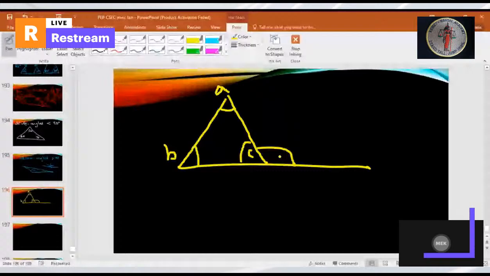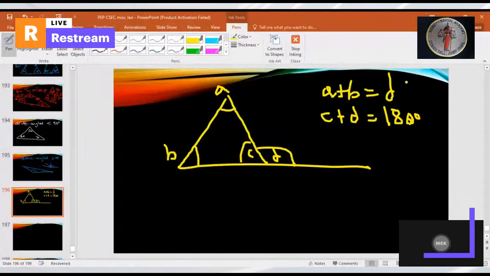So once you know that, you'll be able to match angles, missing angles to find, and so on. Just know that these two angles are on a straight line, so they add up to give 180 degrees.